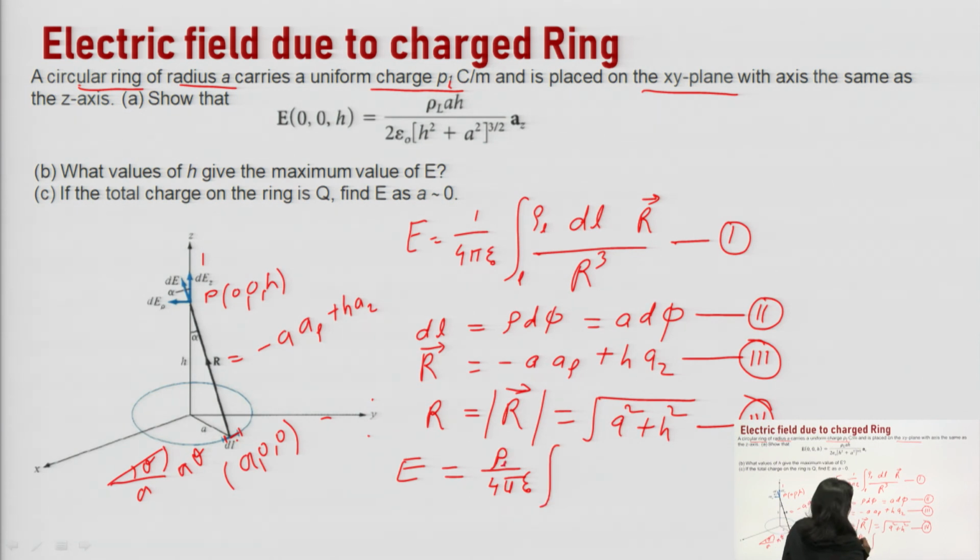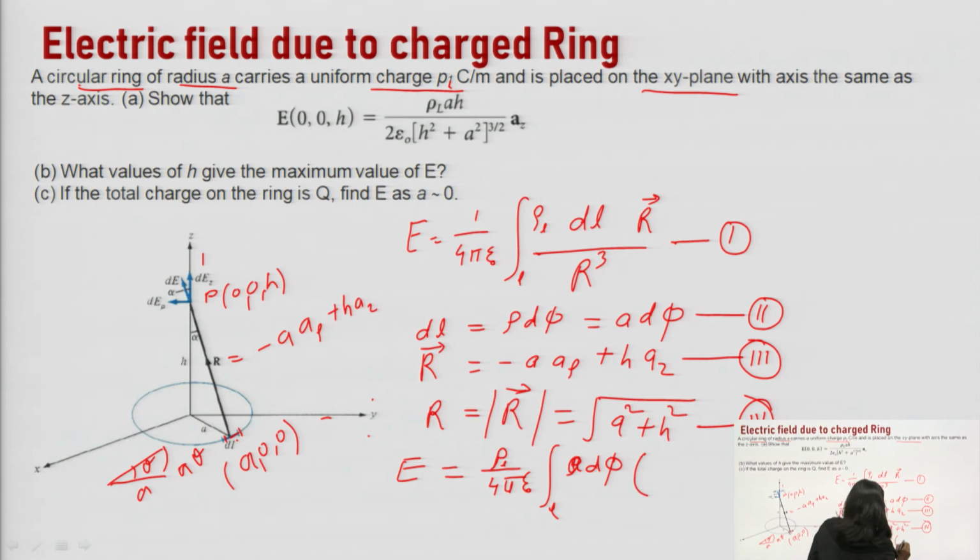Under the integral we are left with dl. dl is rho d phi, in this case a d phi.